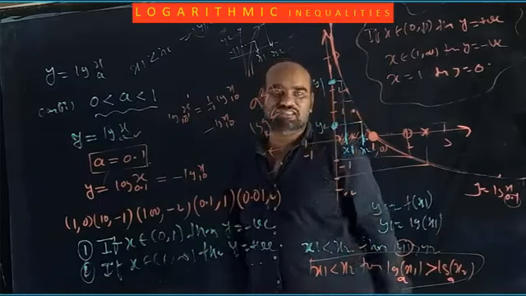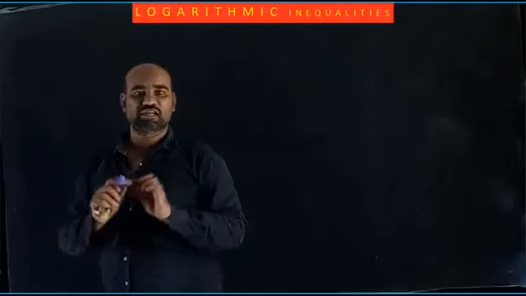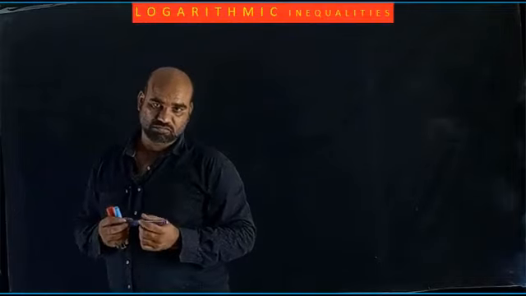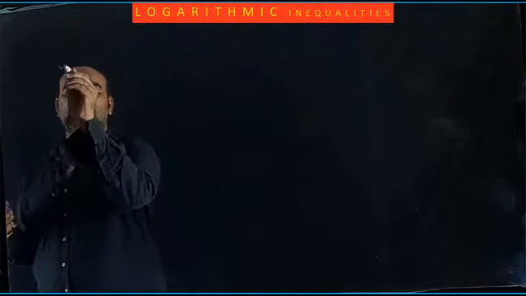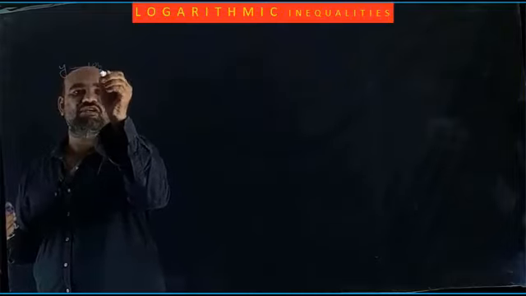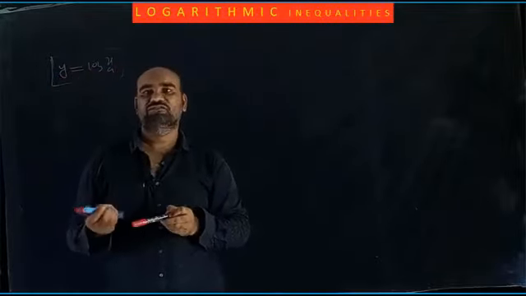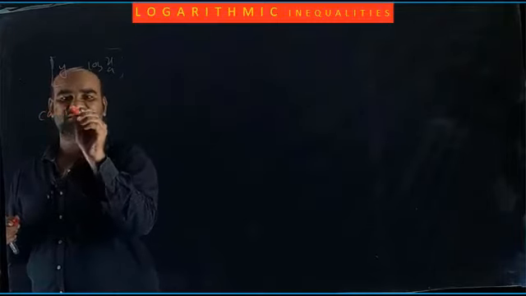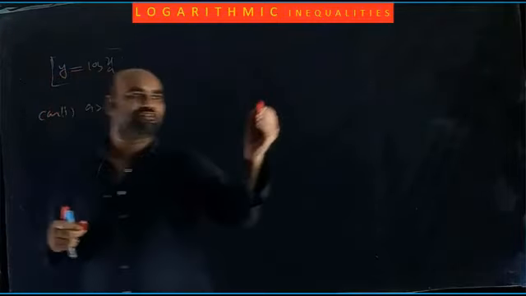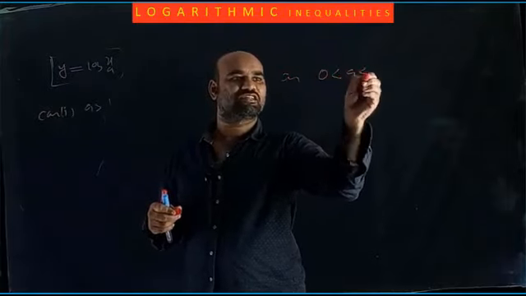This is an important concept. To explain this concept, I used a graph. Students, final conclusion for the graph of logarithmic functions. Y is equal to logarithm of x to the base a is given. We want to draw its graph. Two cases will arise. Case 1, a greater than 1. Case 2, 0 less than a less than 1.